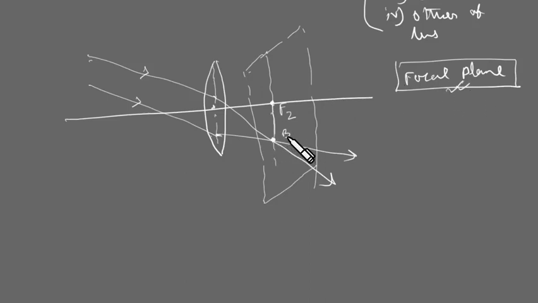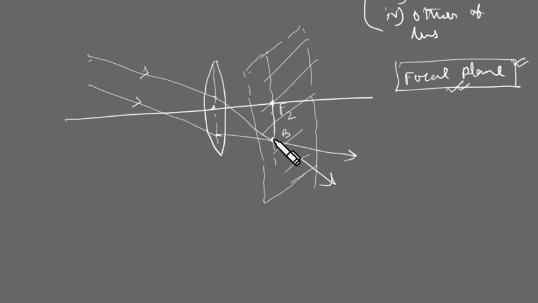Similarly, here if we consider this point as B, this is also a parallel beam, then this parallel beam also converges to a point which also is a part of this plane. Okay, such a plane is called the focal plane.